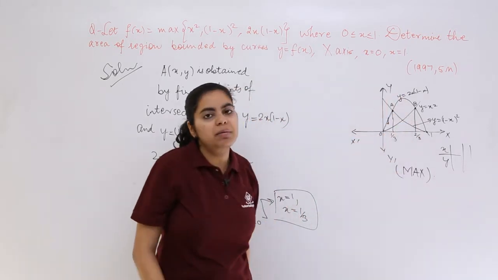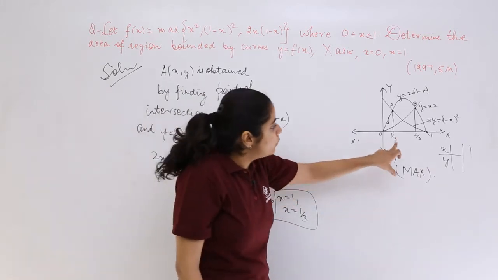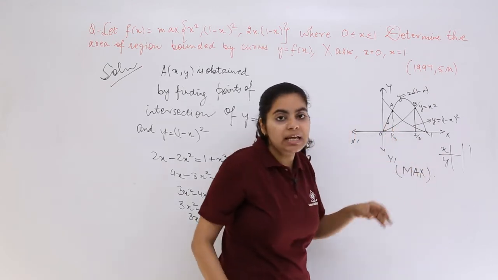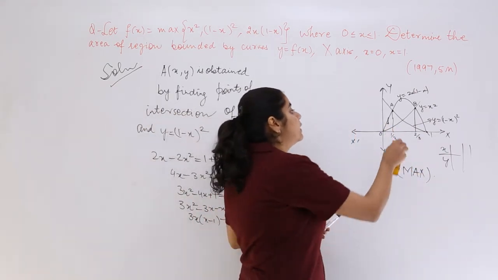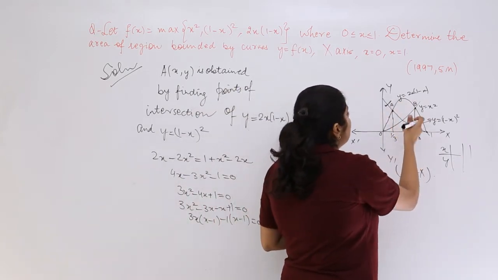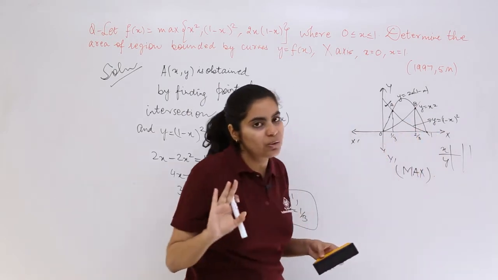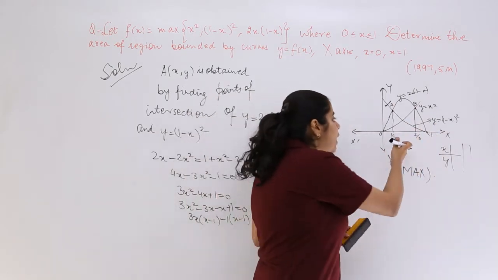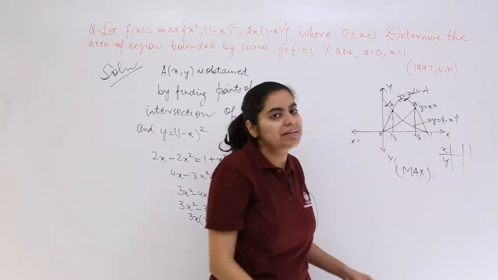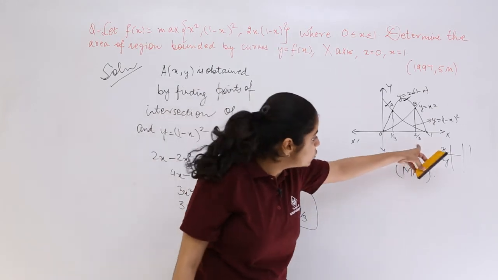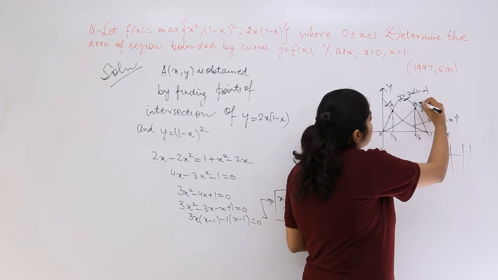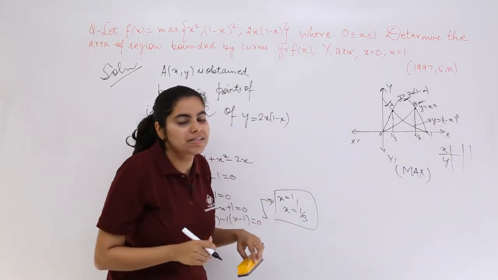One mistake I told you: in 0 to 1 by 3, maximum means the highest, so this is maximum and this is (1 minus x) whole square. Now from 1 by 3 to 2 by 3, which is maximum? 2x(1 minus x). Next, from 2 by 3 to 1, you see this is maximum, so it is y is equal to x square.